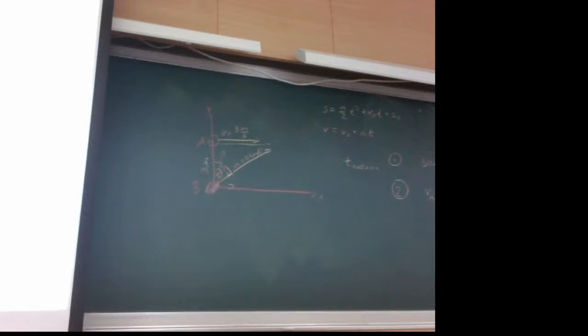So time of impact squared equals 30 meters times 2 over A_y times cosine theta. All right. And so now I'm plugging that one in here.